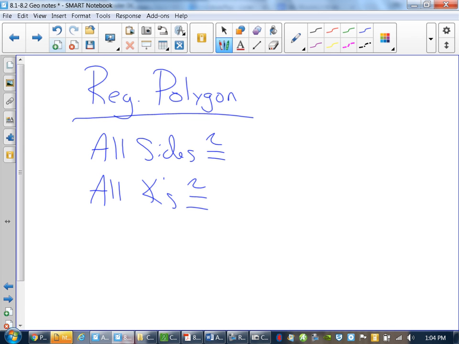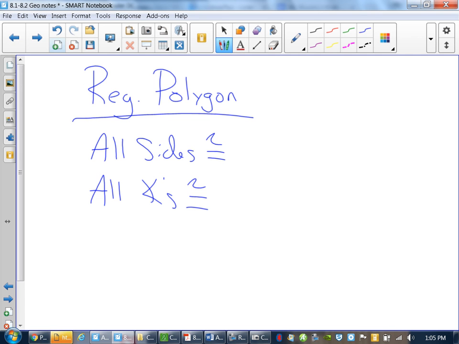Now when we did that with triangles, we called it an equilateral triangle. Equilateral triangles, we knew that the interior angles had to add up to equal 180. And then to figure out each angle, we divided by the number of angles, 3. So that's where we got 60 degrees for each one of them.